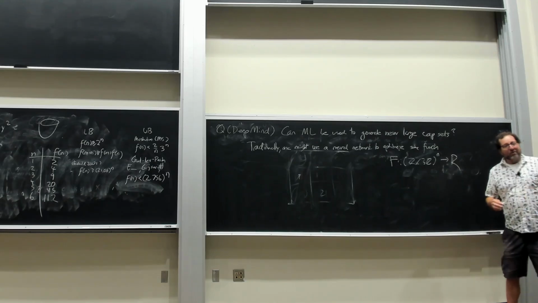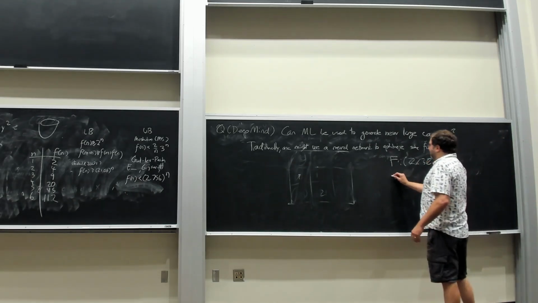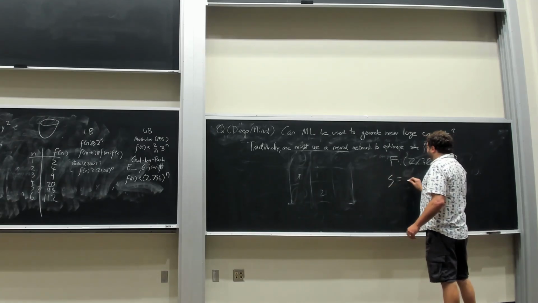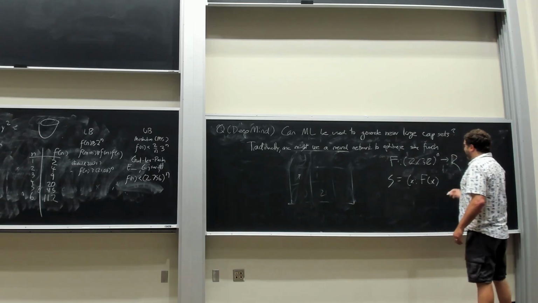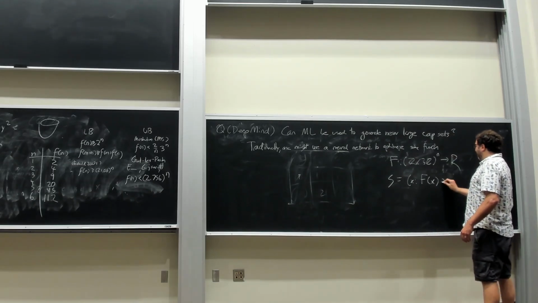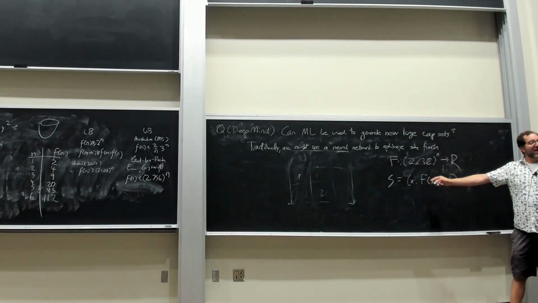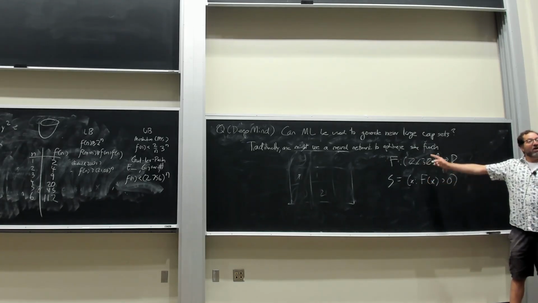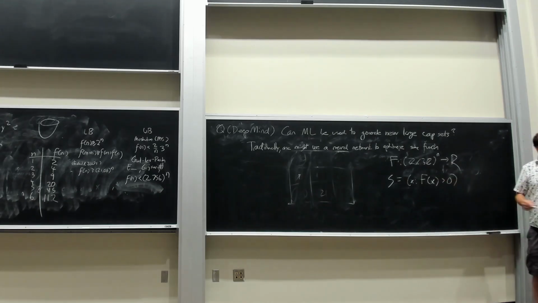But if you want a solution to a combinatorial problem, you could try to find a function such that you can threshold and say, my set is the set of x such that f of x is positive. Then you can try to optimize the function to make this set as big as possible while not having any violations. I think people have tried that and not gotten such great results.